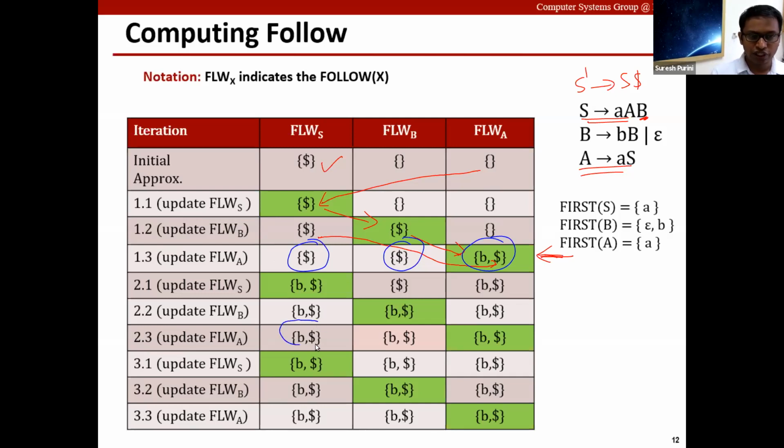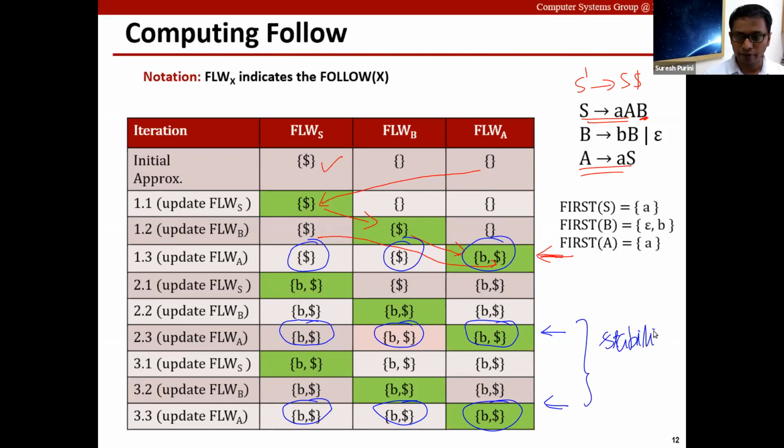I would like you to check that the application of rules is correct. At the end of iteration 2, the estimates turn out to be this, and at the end of iteration 3, the estimates will be this. There is no improvement from this iteration to that iteration, so we say that the algorithm stabilized or converged.